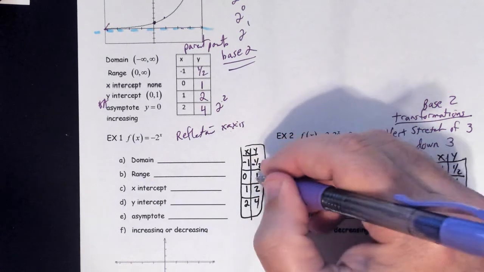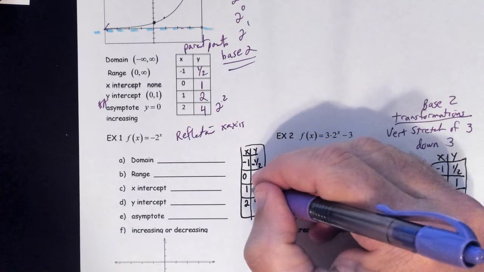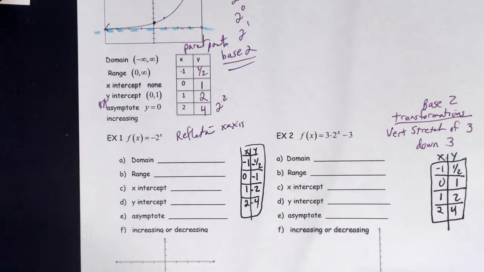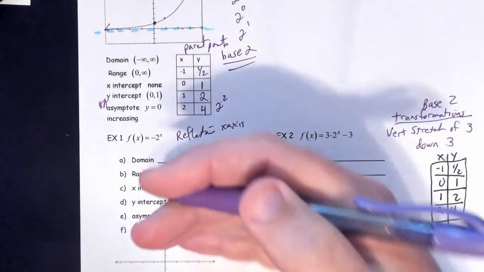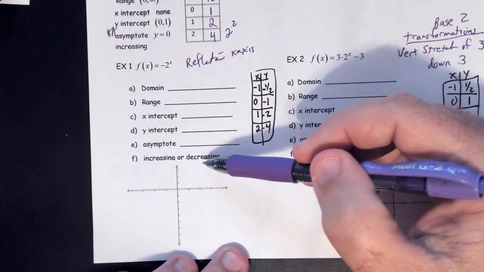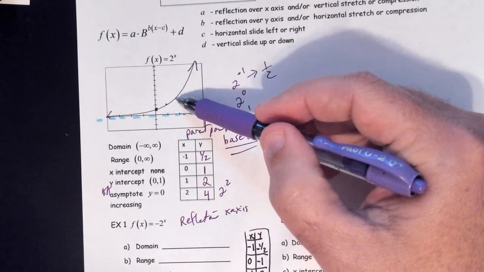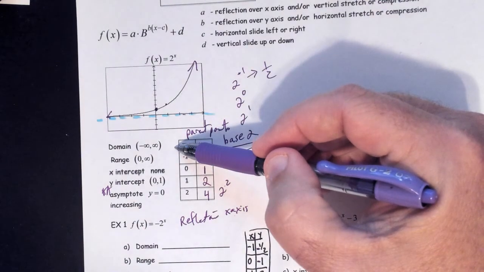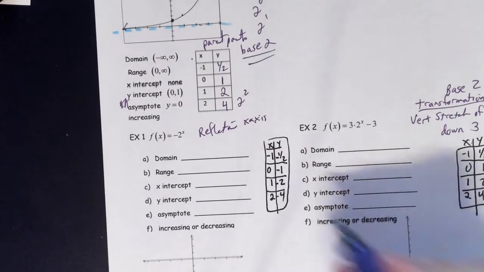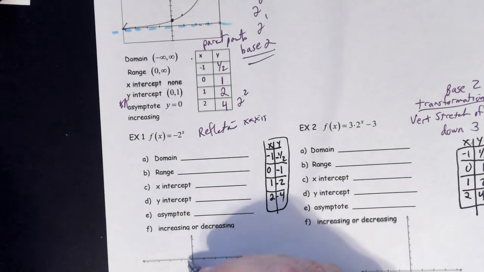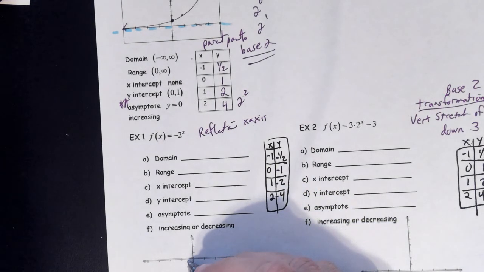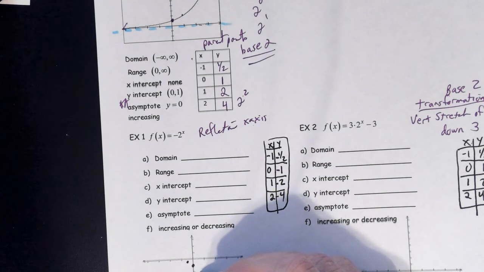So negative, negative, negative, negative. That makes everything from the top move down to the bottom. So notice these should all flip over the x-axis. Notice our points. -1 would be at -1/2. 0, negative 1, 1, negative 2, 2, negative 4.